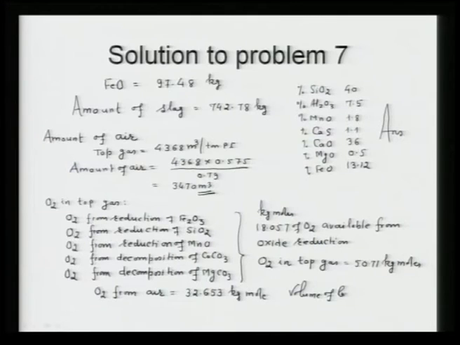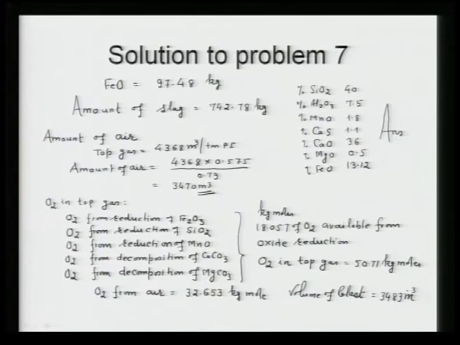Volume of blast, air contains 21% oxygen, divide by 0.21, multiply by 22.4. So, volume of blast from this, it is coming 3483 meter cube.